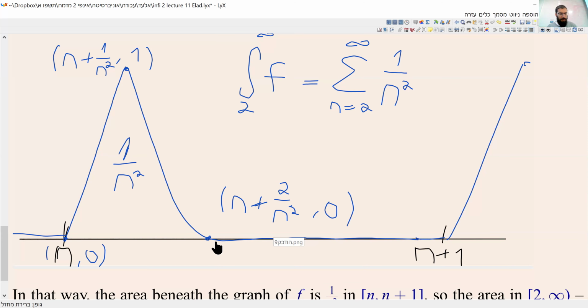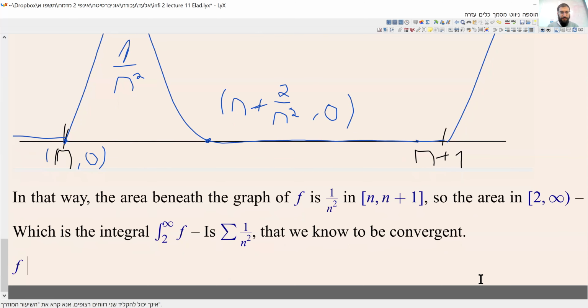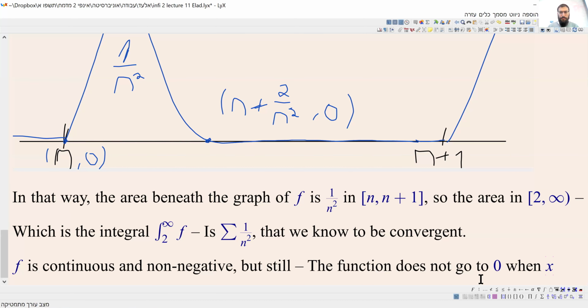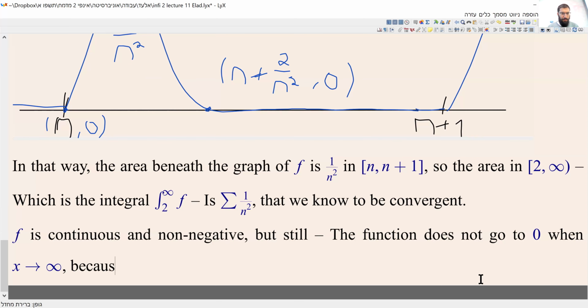We don't jump or have some holes in the function. f is continuous and non-negative, but still the function does not go to 0 when x goes to infinity, because, as we mentioned before, how do we define the limit of a function?